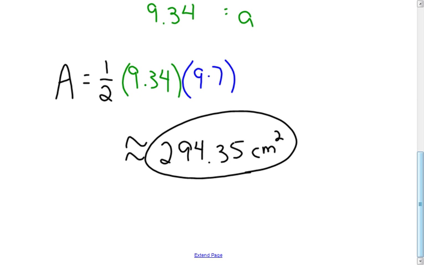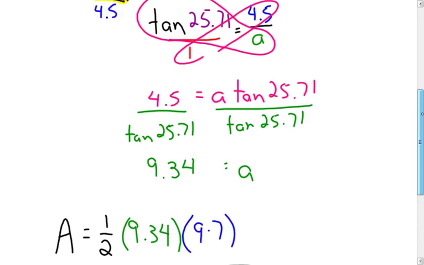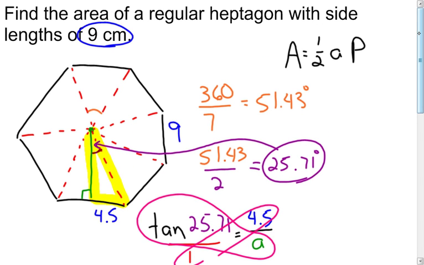So yes, that problem is a little bit in depth, but it involves a lot of things that we've learned in the past. Just put all those little pieces together, and you're going to be able to find the area of any regular polygon using the techniques that I just did here. Just to review, what I did first was find the measure of one of those little angles, but then I have to cut it in half to find the measure of one of the little angles in the right triangle.